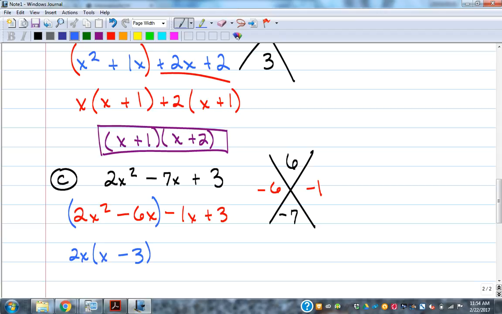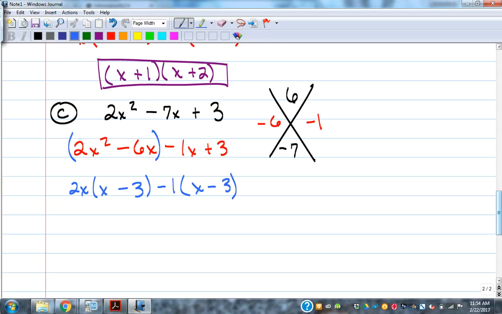Nothing but a 1, right? But because this is negative, what do I have to do? Yeah, pull out a negative GCF. And that changes the sign inside so that it matches. And then you've got your factored form. X minus 3, 2x minus 1.